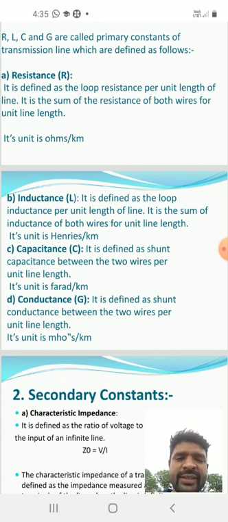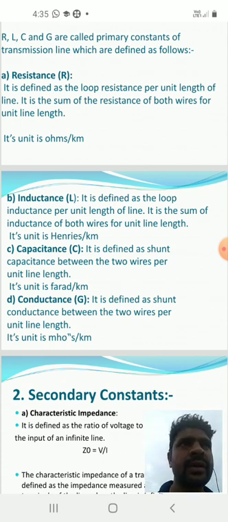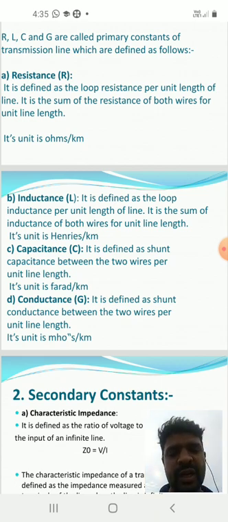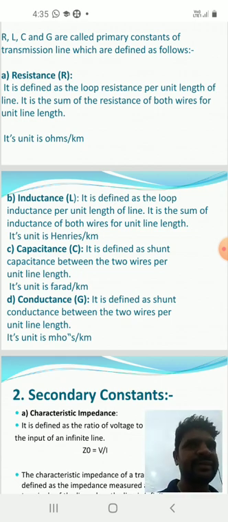C, capacitance. It is defined as shunt capacitance between the two wires for unit line length. That means in the equivalent circuit diagram of a transmission line, capacitance is a shunt connection or parallel connection.